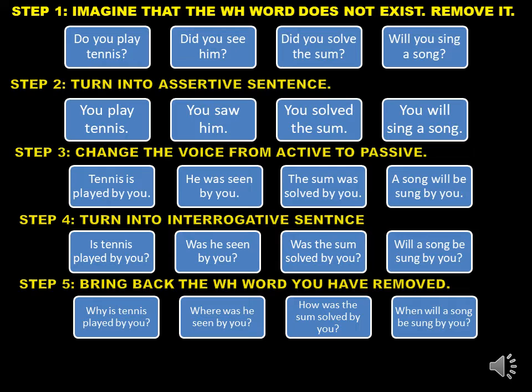Step number 3, we have to convert this from active to passive voice. Tennis is played by you. Step number 4, we have to convert it into interrogative sentence again. Is tennis played by you? Now the last step, in step number 5, we have to bring back that WH word which we removed in step number 1. So your answer is, why is tennis played by you?